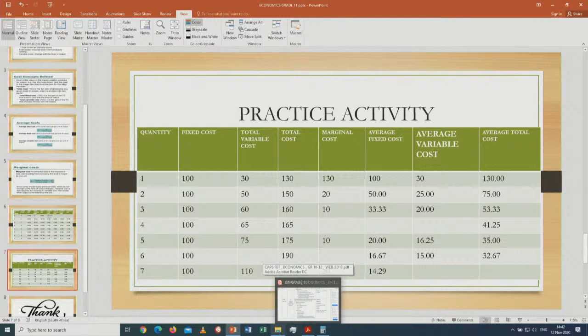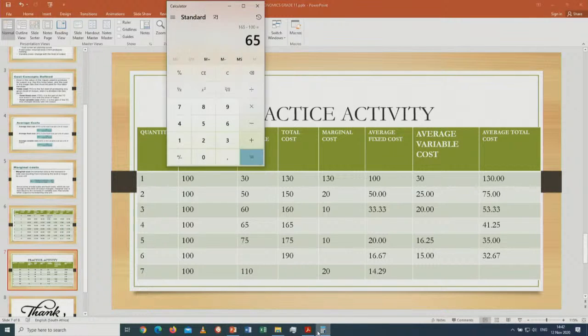Our total cost in this case will be 165. And then what did we have? The change in the total cost. Remember where we were and where we are now, and the difference between the two will be 165 minus 160, it gives us the 5.